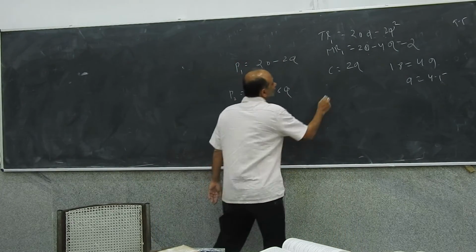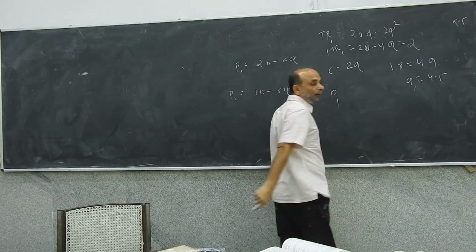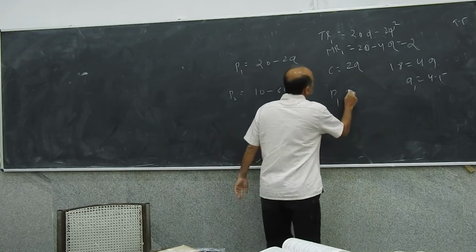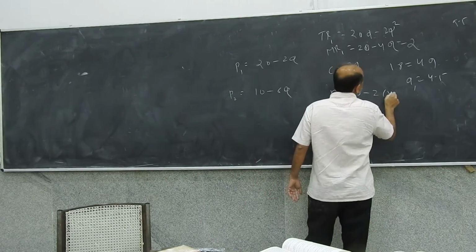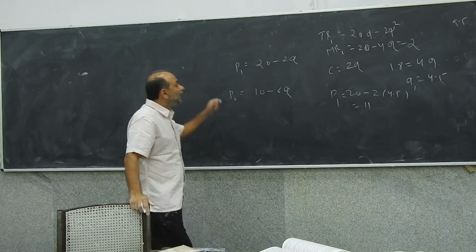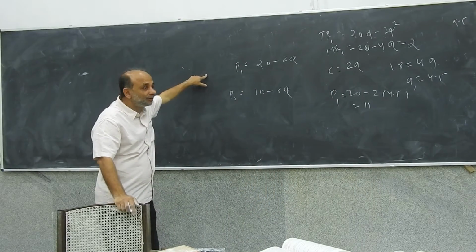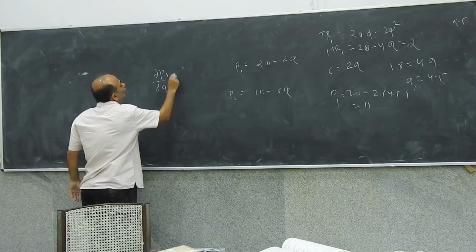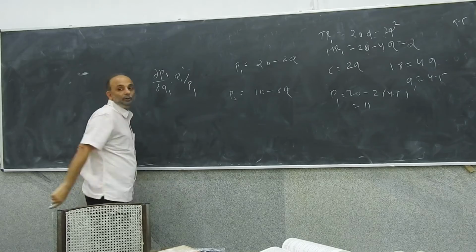What would be the price? P1 is equal to 20 minus 2 into 4.5, which is 11. What is the elasticity of demand in the first market? It is dP1 by dQ1 into Q1 by P1.